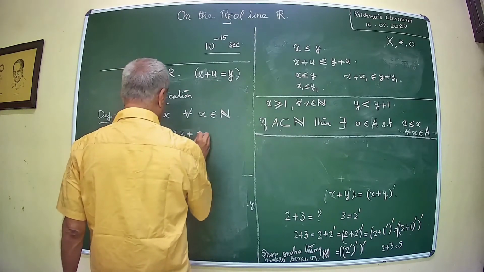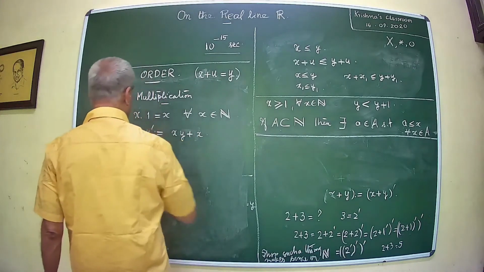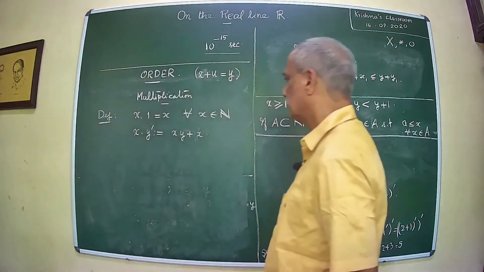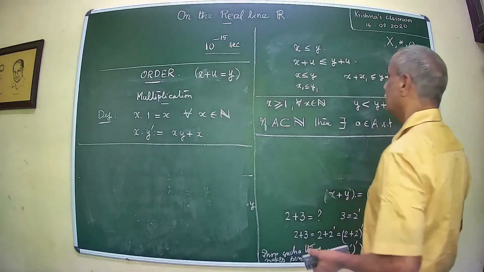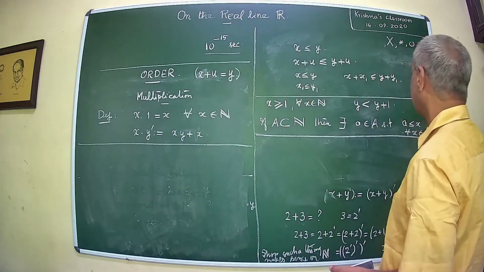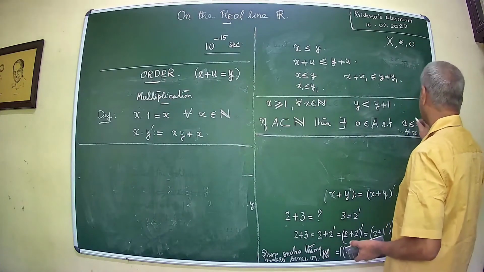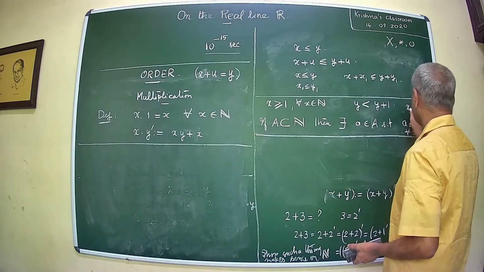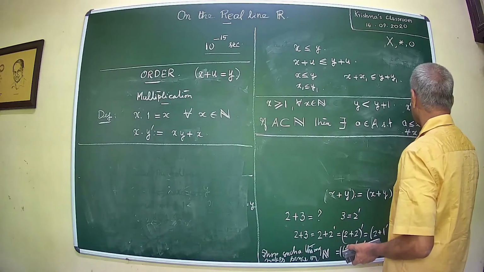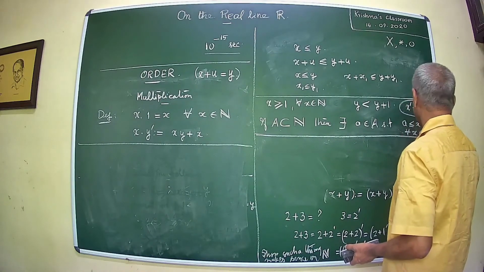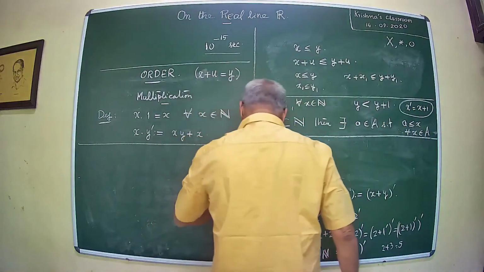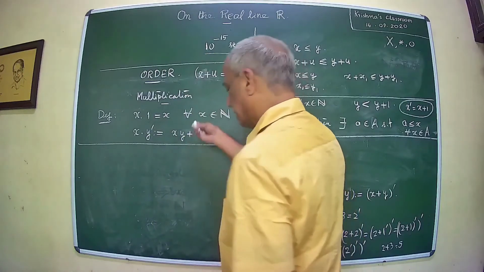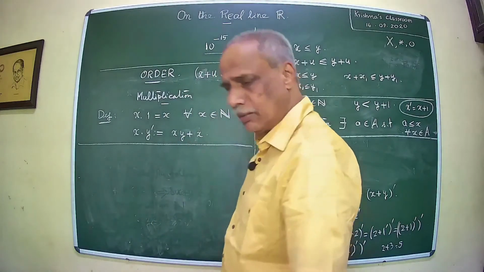This is the definition. Also x prime equal to x plus 1. This is one of the things that you can prove.